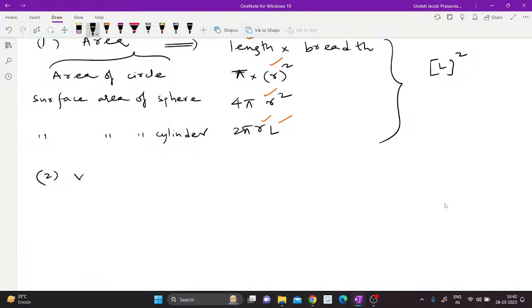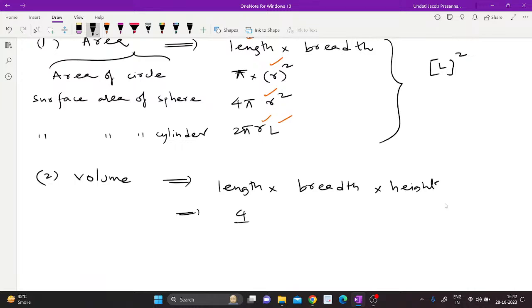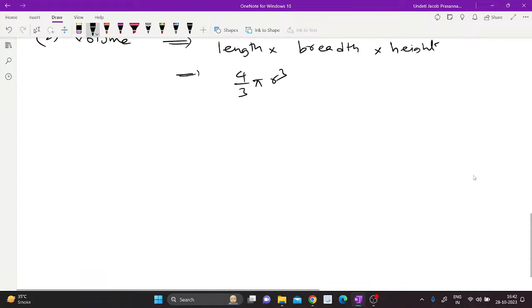Volume. If you take volume for a rectangle or a cuboid, it is length into breadth into height. For a sphere, volume is 4 by 3 pi r cube.